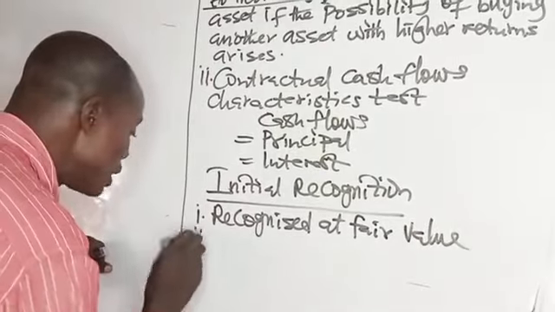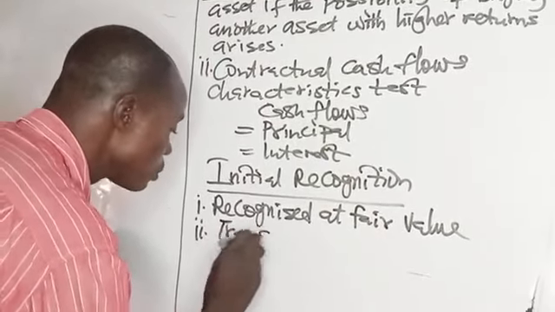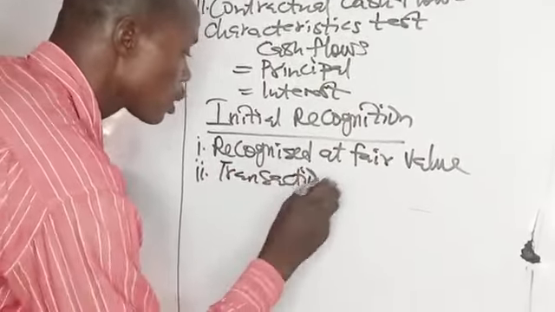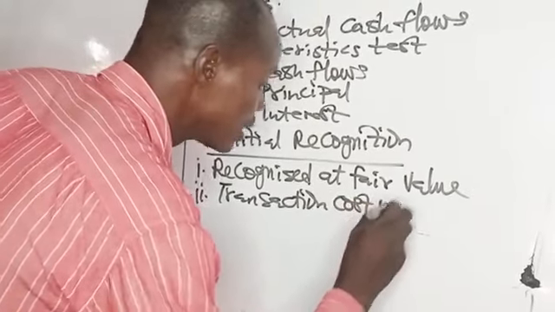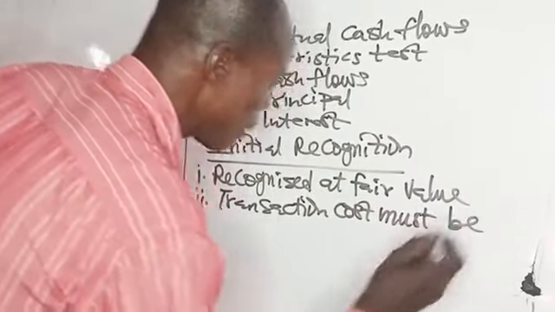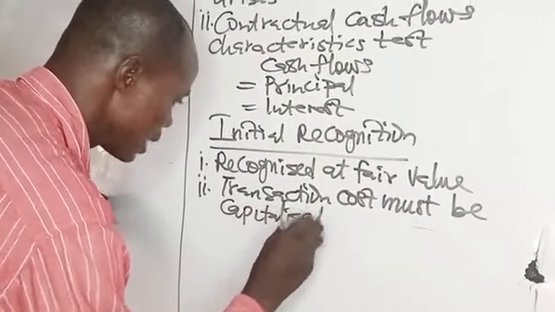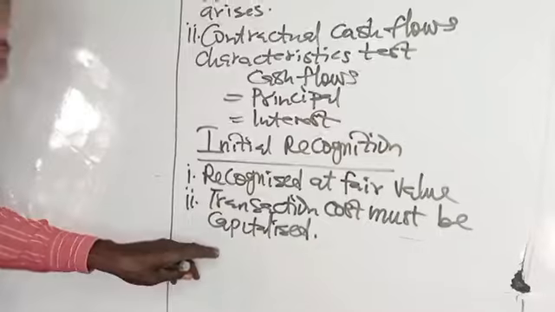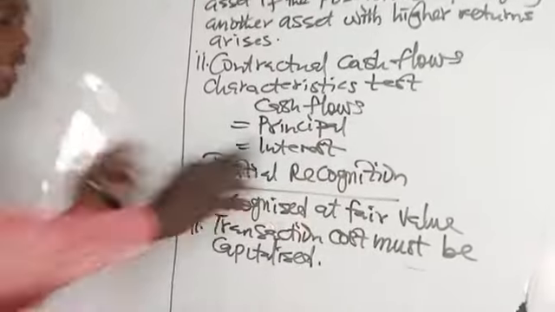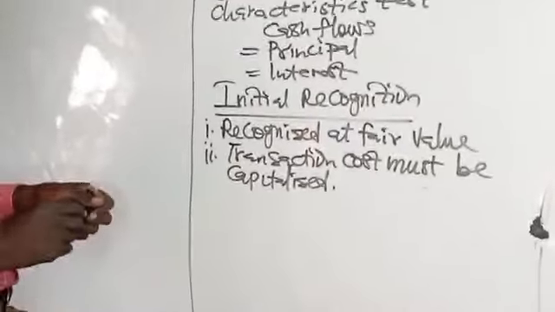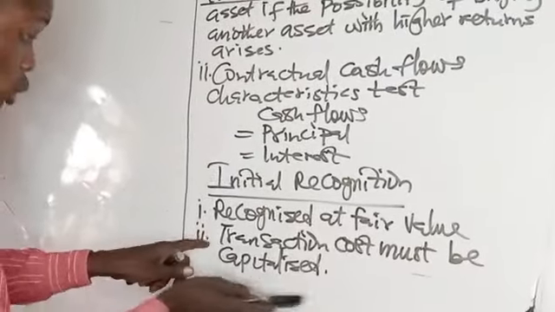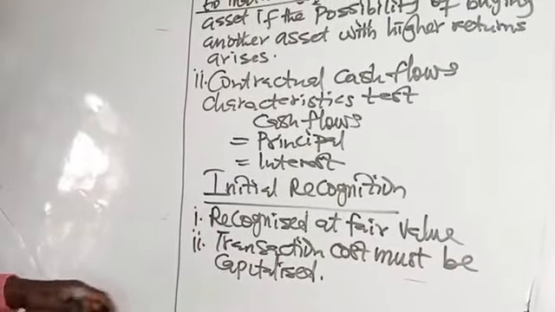Two, transaction cost must be capitalized. That is, transaction cost should be added to the fair value under this method. It should not be expensed. You add the transaction cost to the fair value.